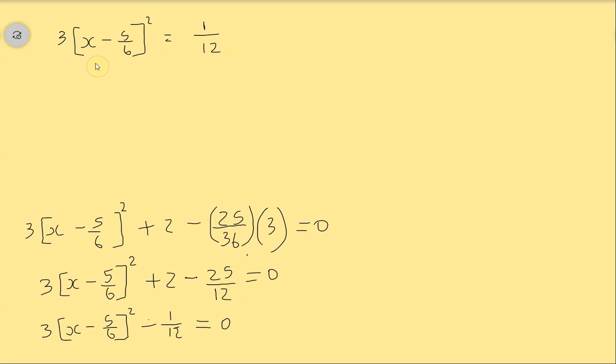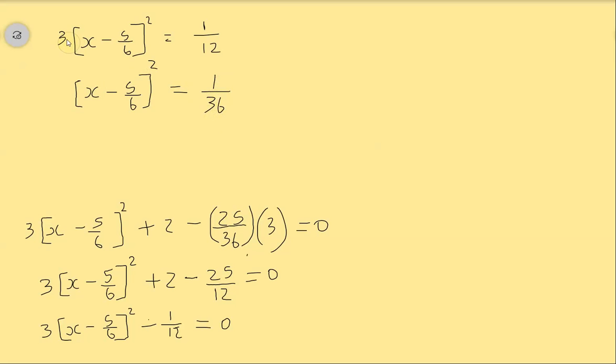Now after doing that, we need to divide both sides by 3, so that's x minus 5 upon 6 all squared. Divide both sides by 3, the 3 there would cancel, and divide this side, you will get 1 upon 36, because you would simply multiply the 12 by 3.